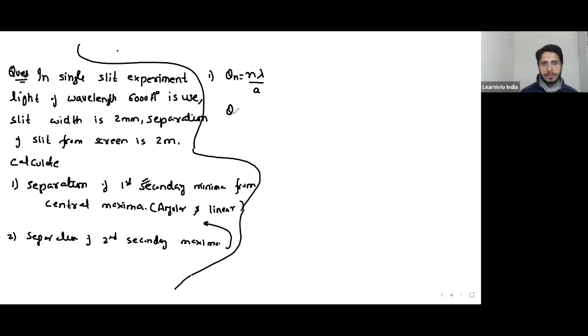So first minima is theta 1, that's lambda by a. Lambda is 6,000 angstrom, so that's 6,000 into 10 raised to the power minus 10 divided by a. A is 2 mm, so that's 2 into 10 raised to the power minus 3. So your theta 1 is 3 into 10 raised to the power minus 4.